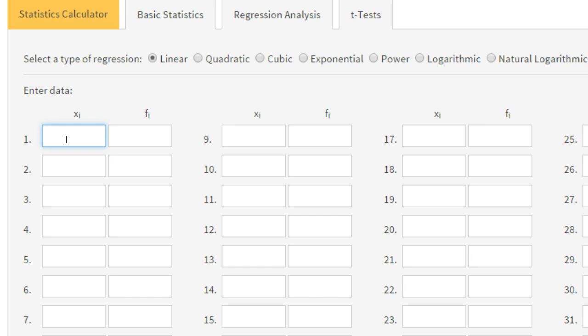So in 1900, I'm going to put 0 for x, and then for y, I'm going to put 1.65 billion. Then for the next ones, I'm just going to punch them in and work with that as is. Each x is going to be the year since 1900, and each population is going to be represented right here. I'll finish putting this in and we'll come back and go over it.